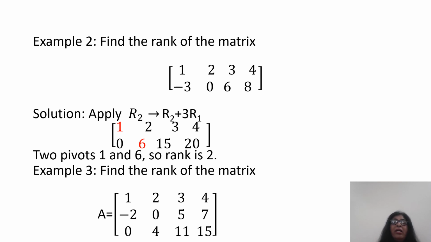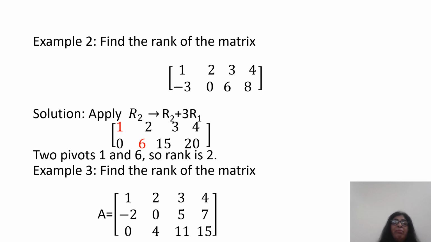So what you will get: 1 2 3 4, and here it will be 0, then 0 plus 3 times 2 is 6, then 6 plus 3 times 3, 6 plus 9, is 15, then 8 plus 3 into 4, 12, 8 plus 12 which is 20.